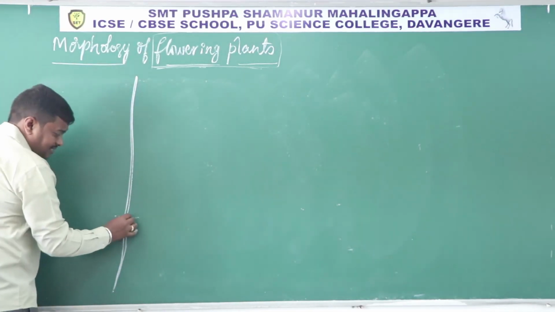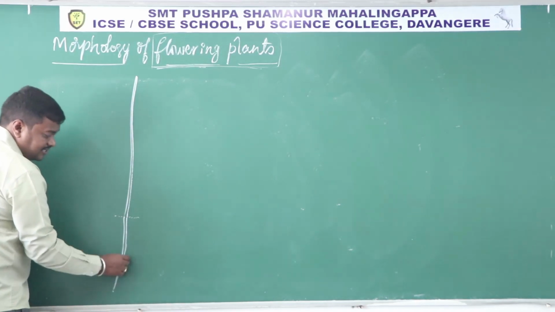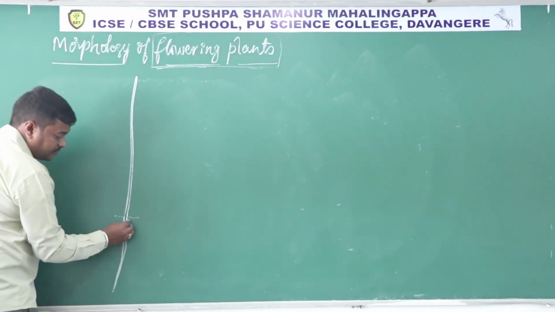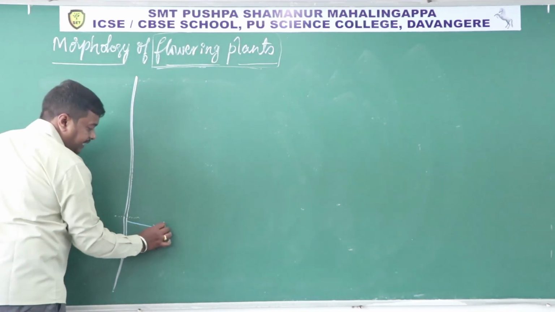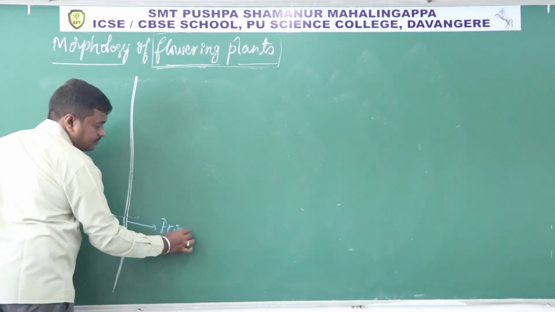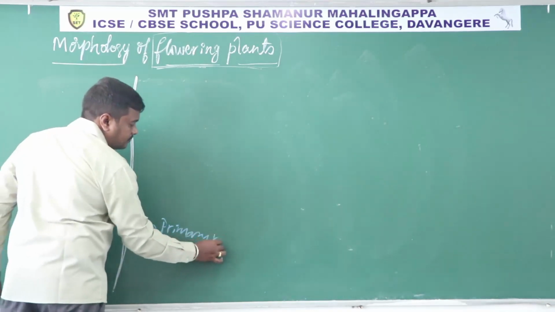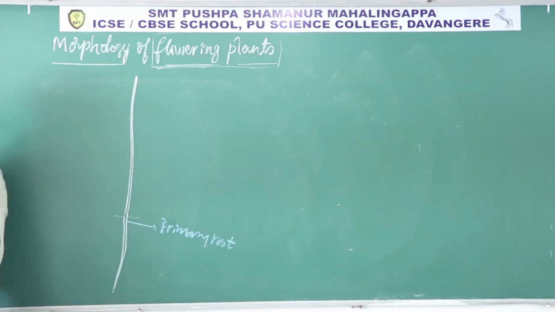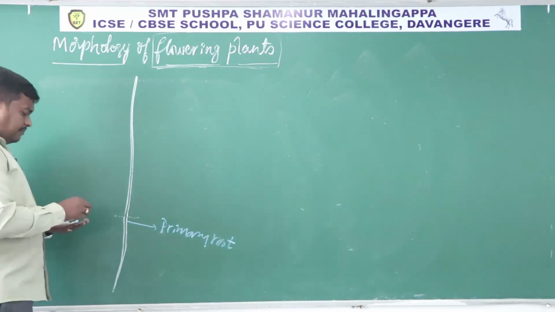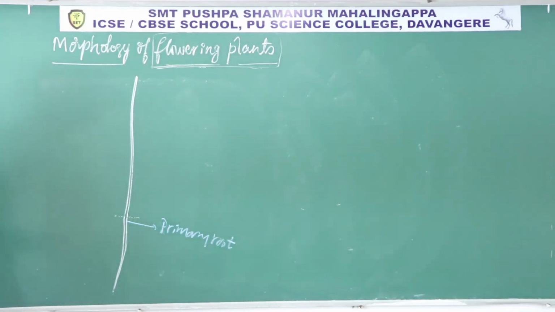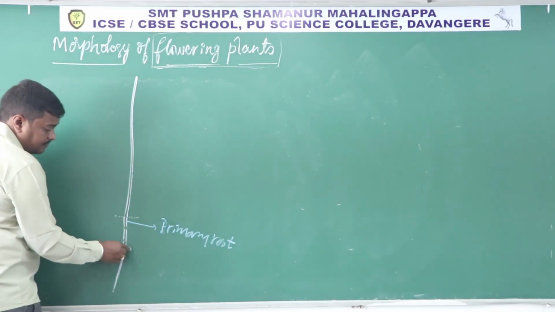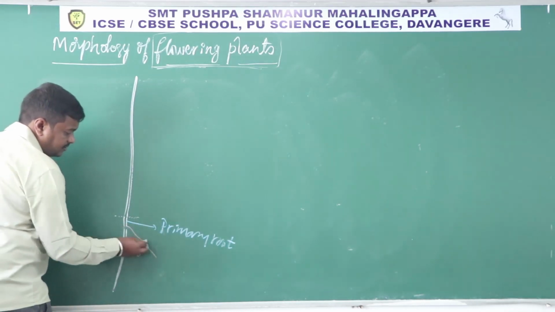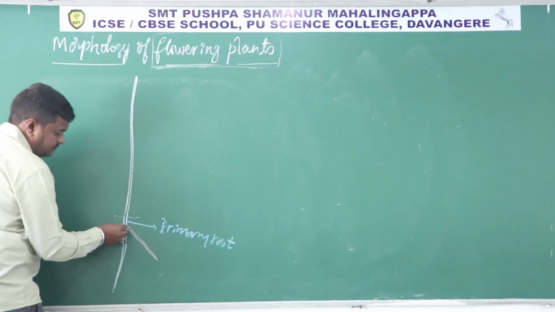And this root, the main root, is called a tap root. Let me write, primary root. This is called the primary root, and this primary root shows some branches. Let's say these are the branches of that primary root.